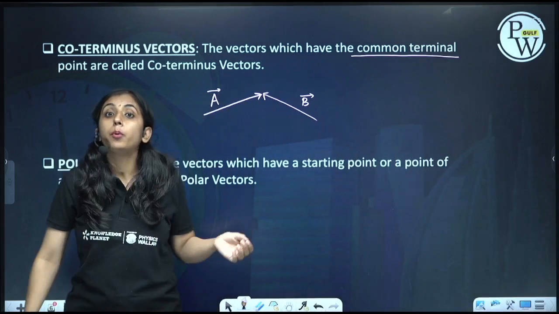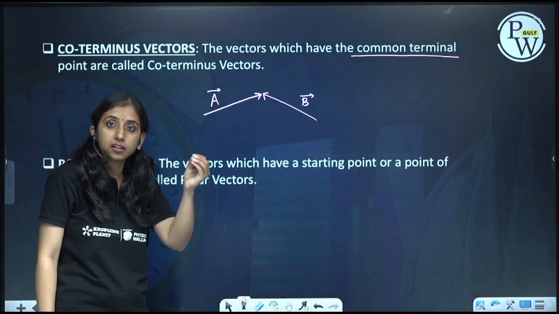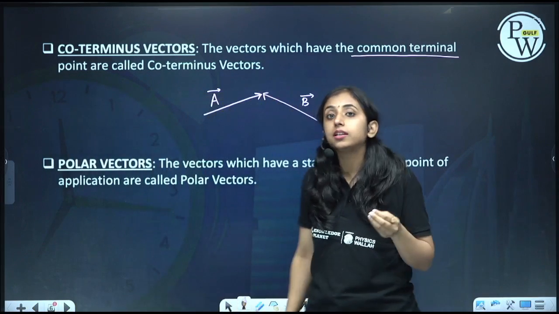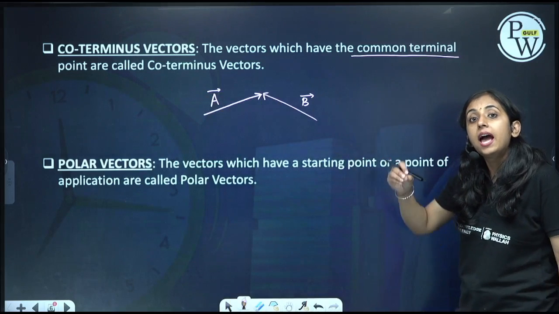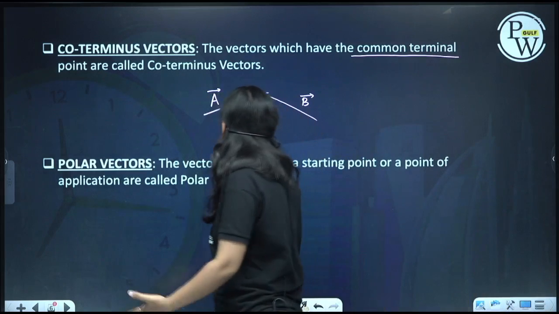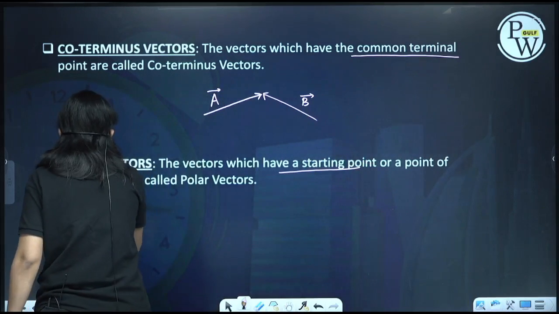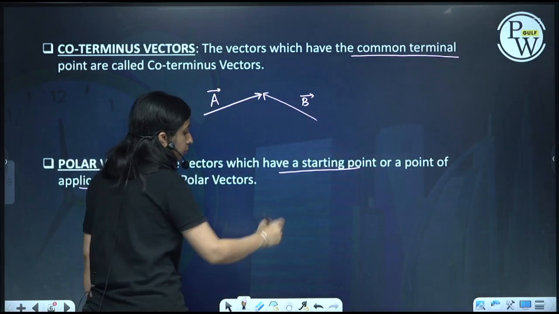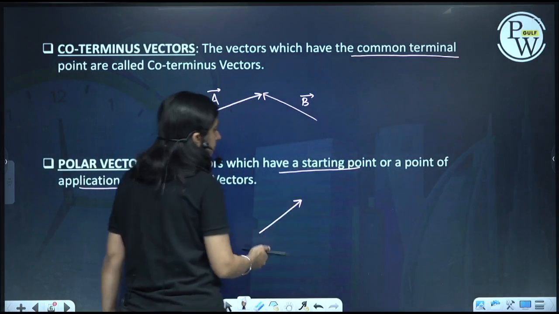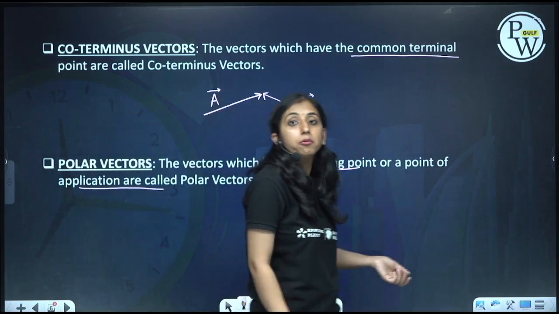Next come polar vectors. Those vectors which have a starting point and a point of application are called polar vectors. So, this is a polar vector. It has this as the initial point and this as the final point.